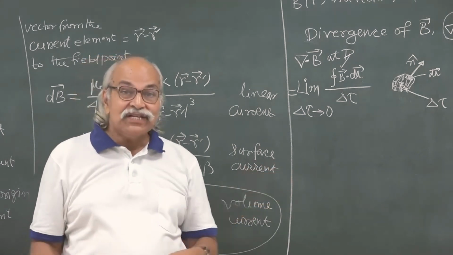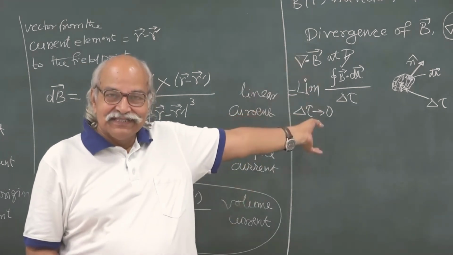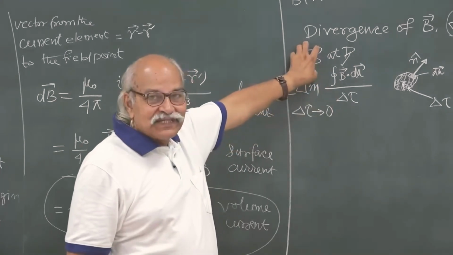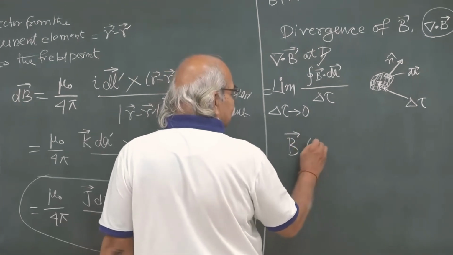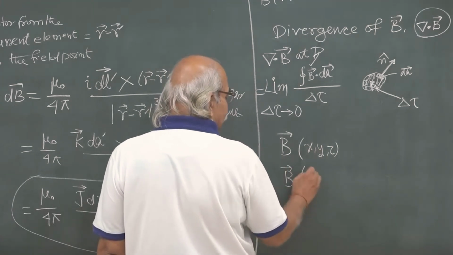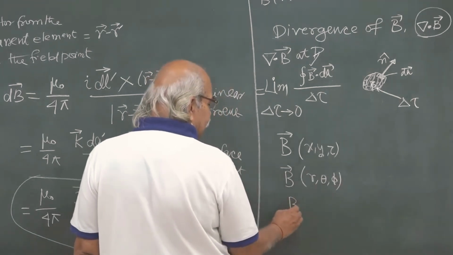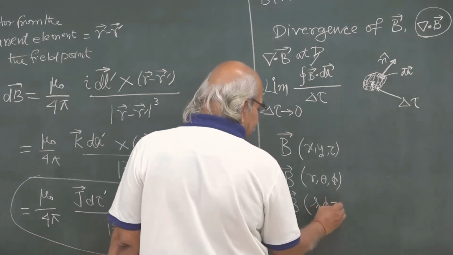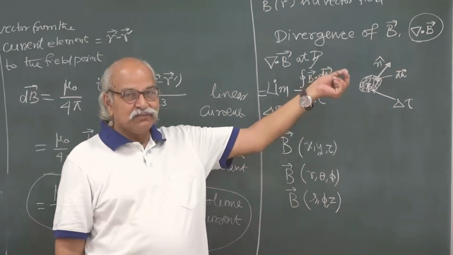Now, operationally, every time you do not have to do this once you want to know the divergence of B. If B is known in terms of x, y, z, or in terms of spherical polar coordinates r, theta, phi, or cylindrical coordinates s, phi, z, these are space points to tell which point in space.